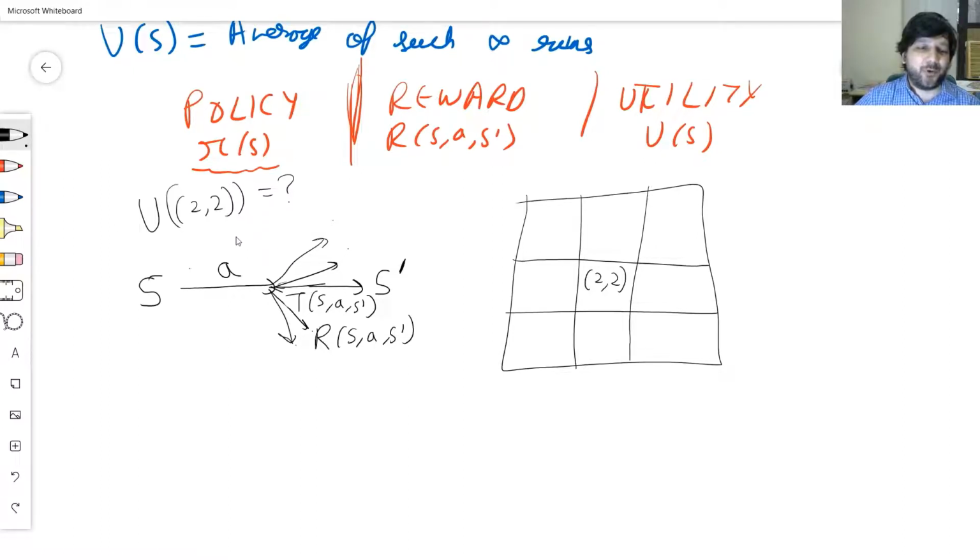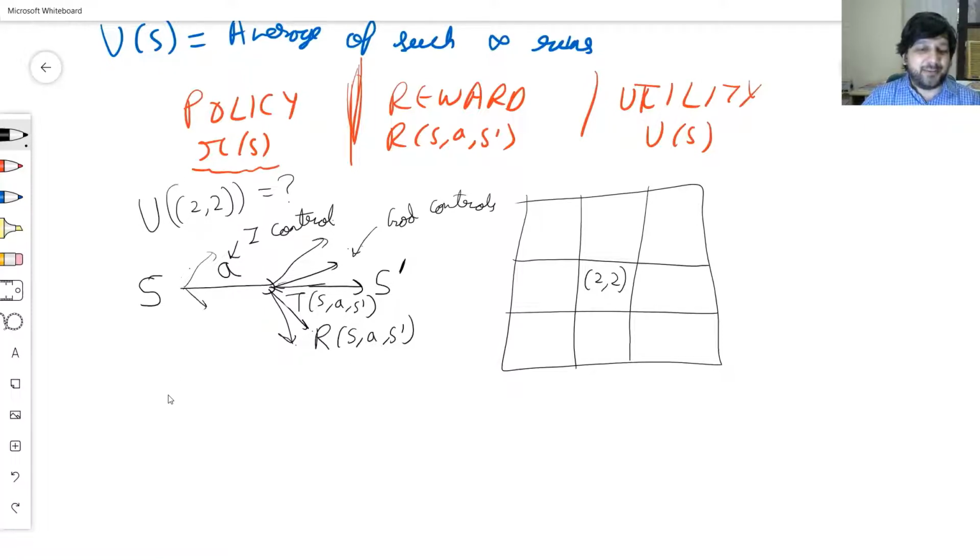So this is what I control, or the agent controls, and this is what God controls. Many actions would have been possible, but I control which action to take, and this one is controlled by God.